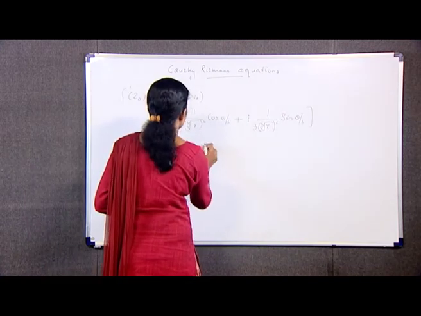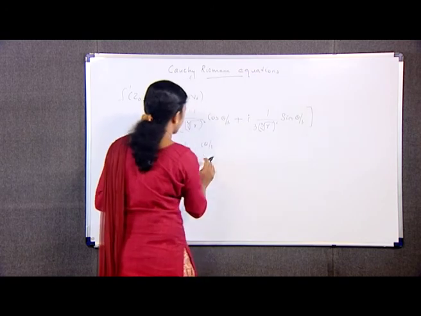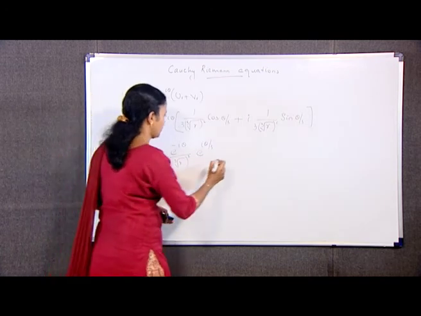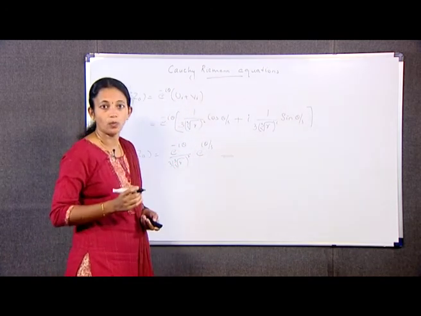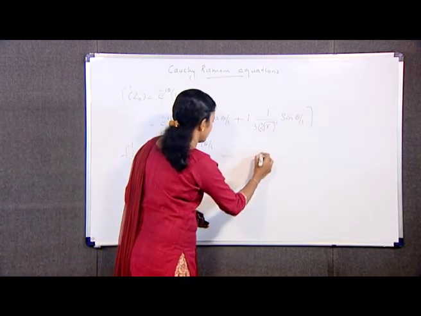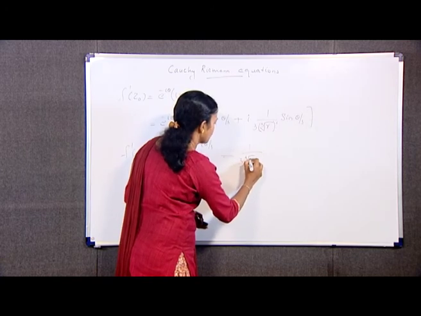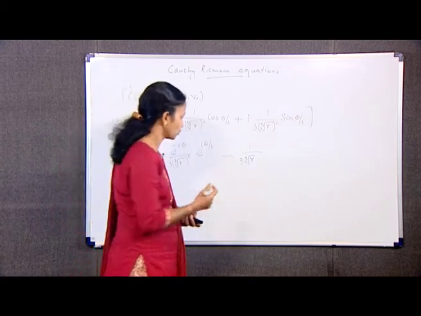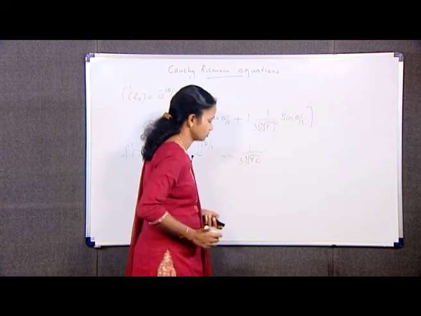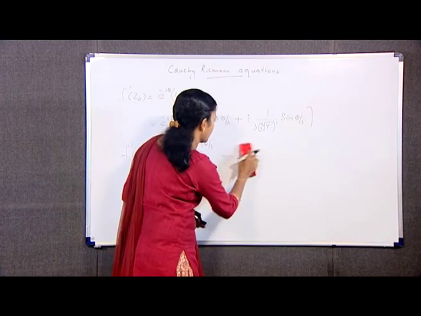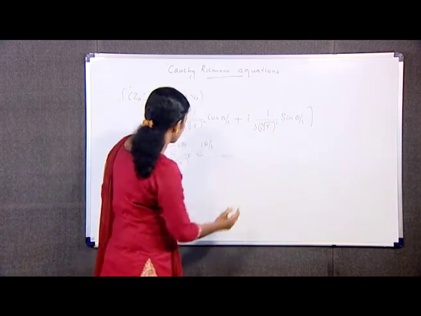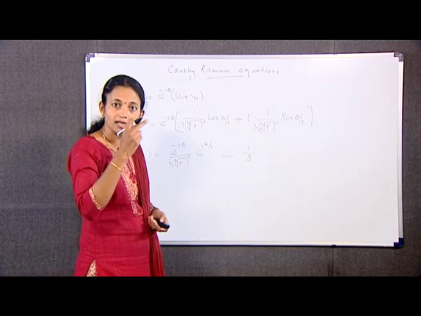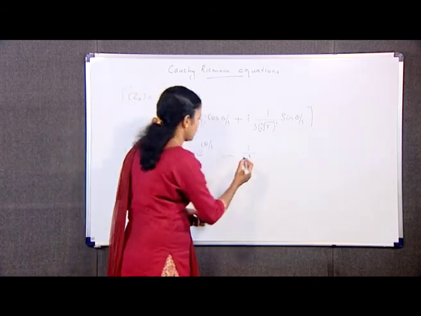These terms together I can write as e raised to i theta by 3, which is equal to 1 by 3 times cube root of r e raised to i theta by 3 whole square.